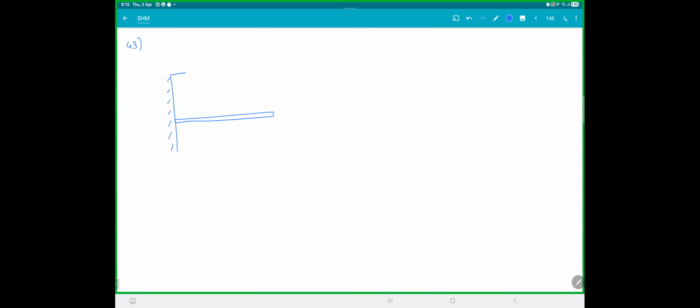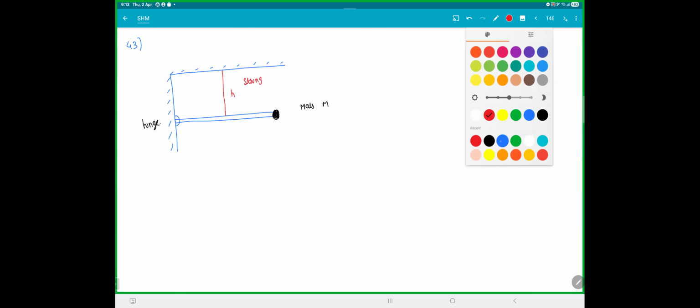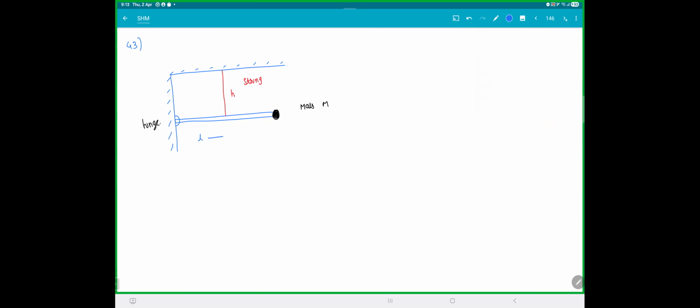We got a mass M here. And you tied a rope here. This is height H. This is a string. This is length L. And this is length L. This is a massless rod. You getting how the picture is?